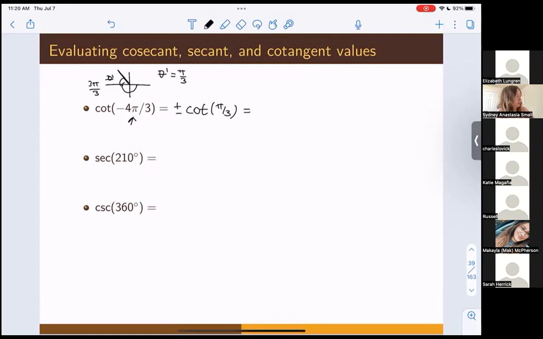So from our formulas, we know that the cotangent of any angle is X over Y, which also just happens to be the cosine of theta over the sine of theta. So the cotangent of pi thirds, we know, is equal to the cosine of pi thirds over the sine of pi thirds.